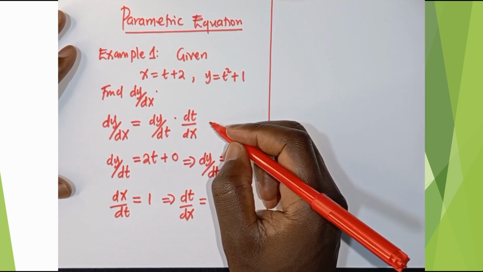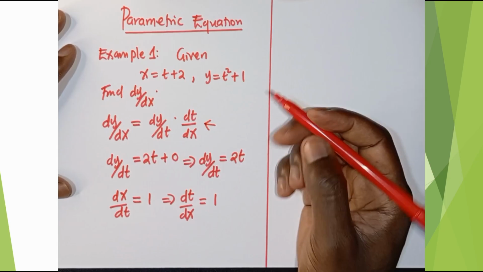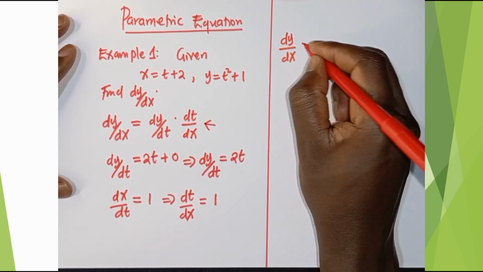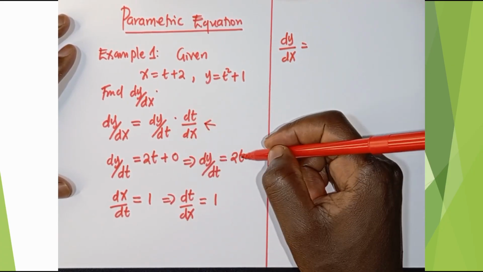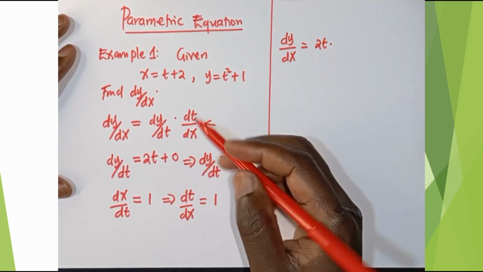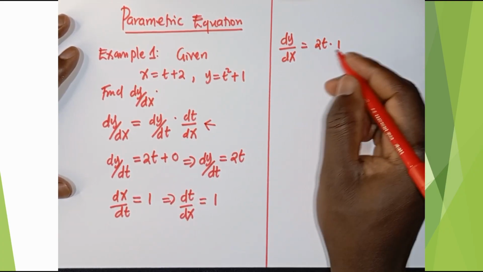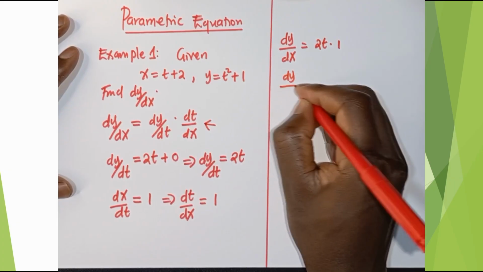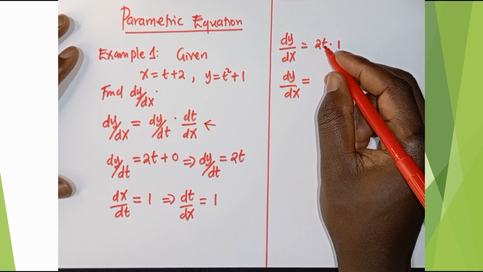Now we can substitute back into our chain rule. dy by dx is equal to dy by dt, which is 2t, times dt by dx, which is 1. Therefore dy by dx ends up being 2t.